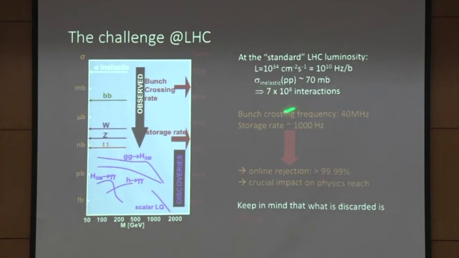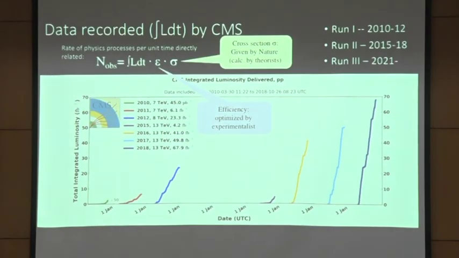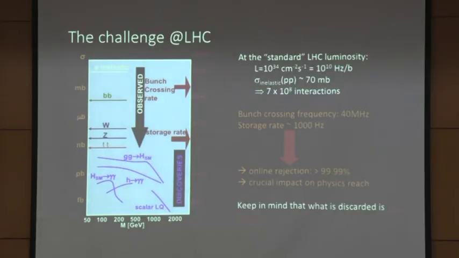So typically if we have a luminosity of this kind, then the inelastic cross section is around 70 millibarn, and that means you have this many interactions. But I cannot store all the events. Obviously, it's better that I store more and more, but I do not have an infinite amount of data space.